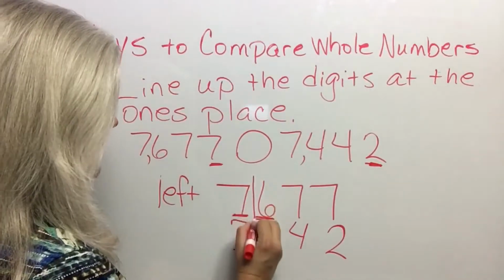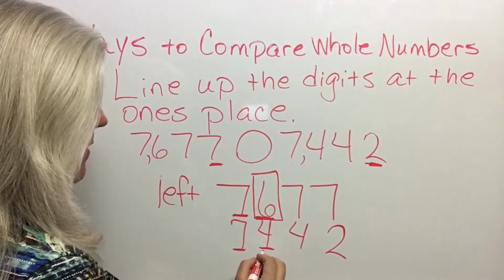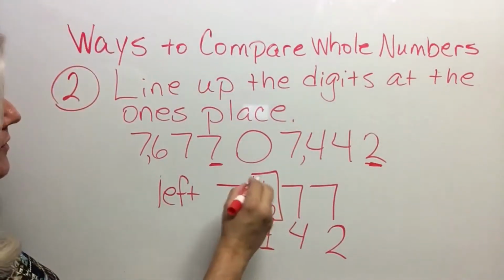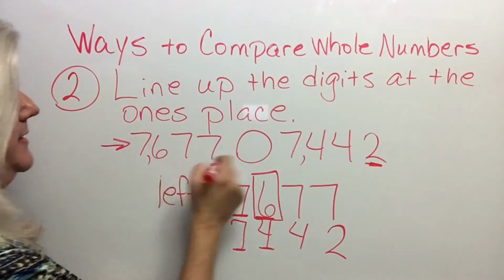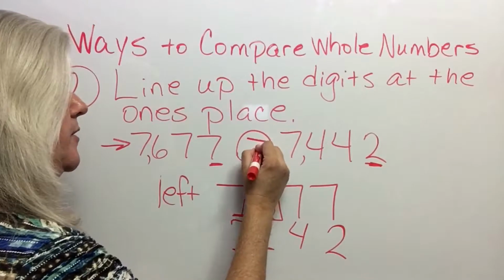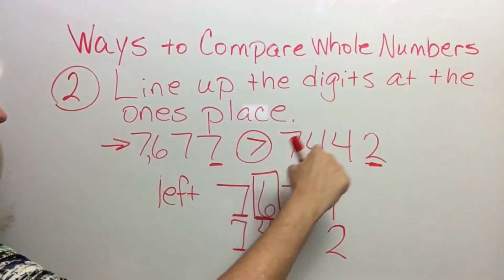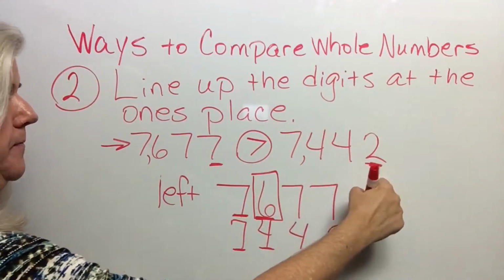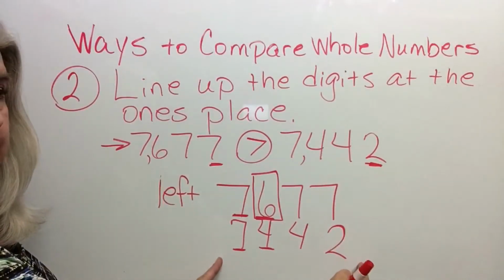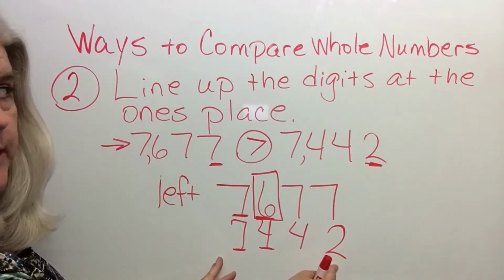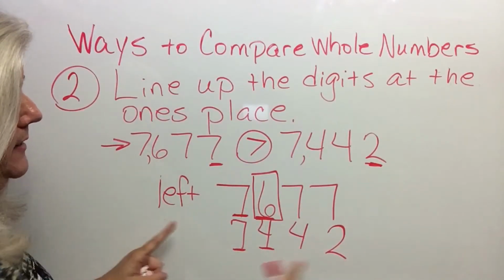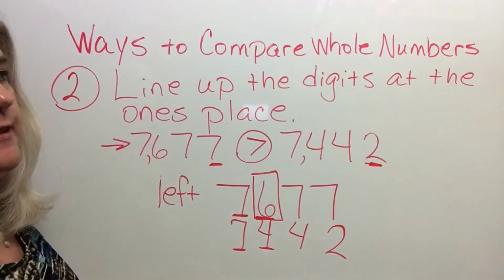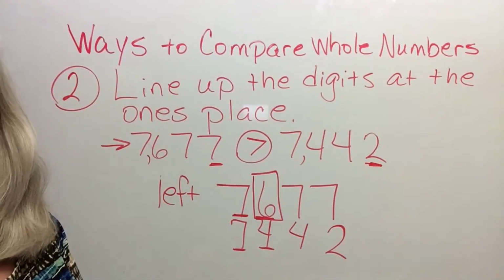Who is larger, 6 or 4? 6 is larger than 4. So that means 7,677 is greater than 7,442. So I line my digits up, starting with the ones place, and then I go from left to right until I find a digit that does not match.